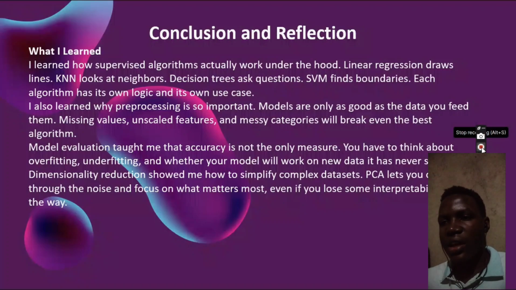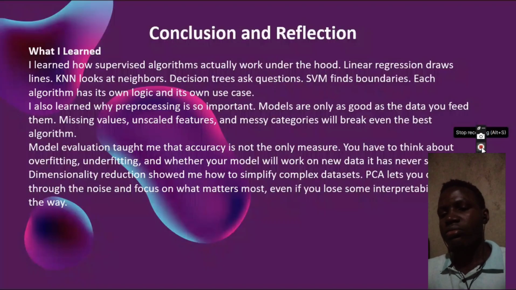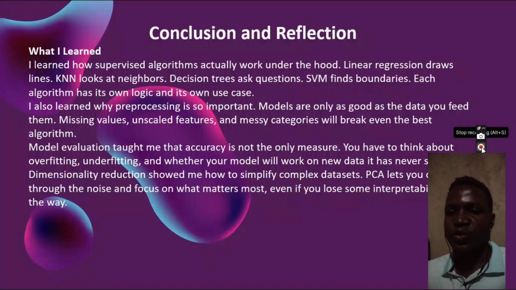For PCA, we look at how it works, the applications and the drawbacks of PCA. One of them is interpretability. It's hard because PCA combines original features with no clear real-world meaning.